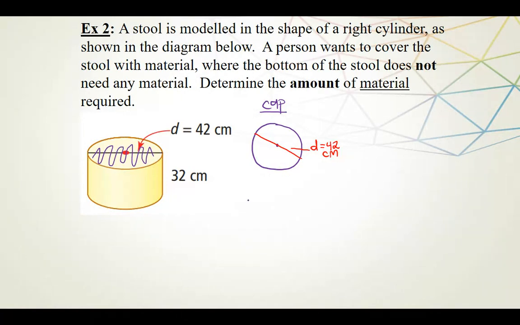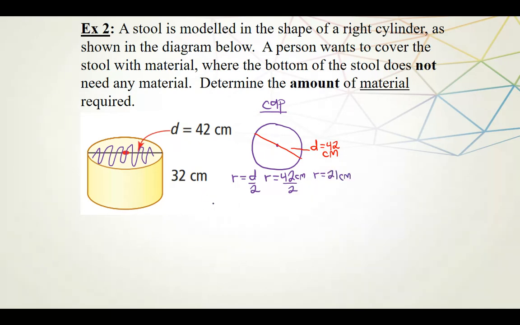To calculate the area of a circle is pi times r squared, but since we have the diameter, we have to calculate the radius first. So radius is diameter divided by 2. Radius would be 42 centimeters divided by 2, and your radius is then going to be 21 centimeters.